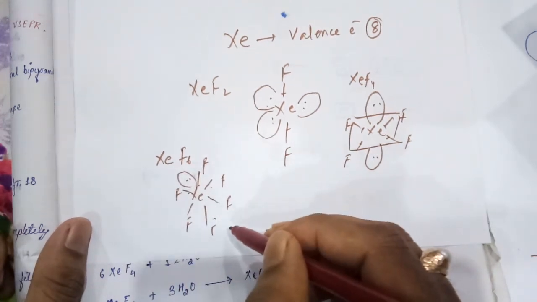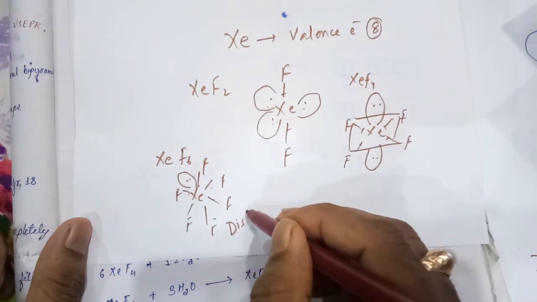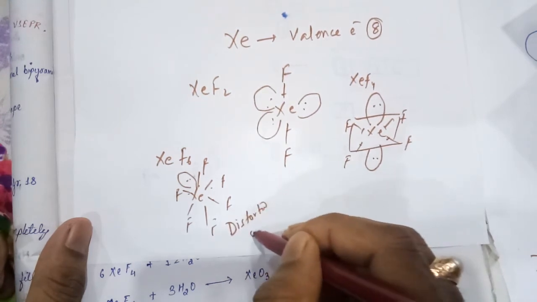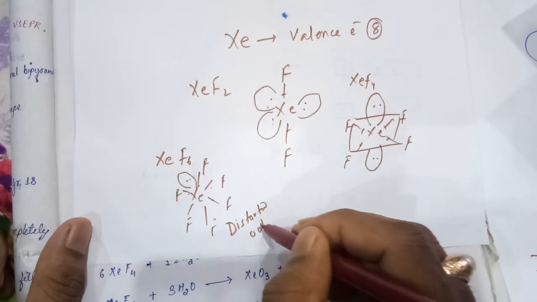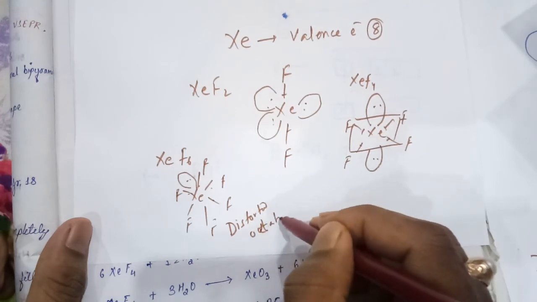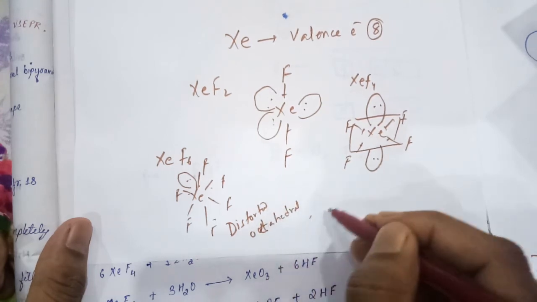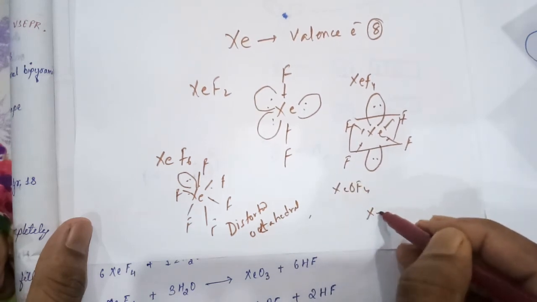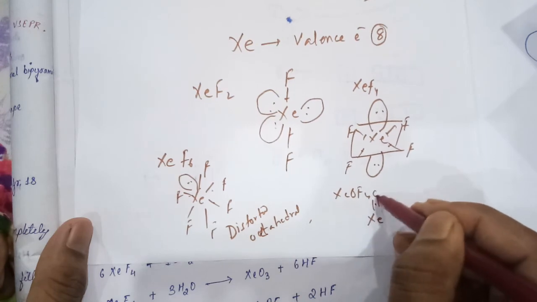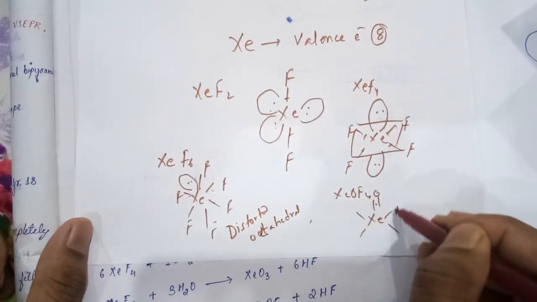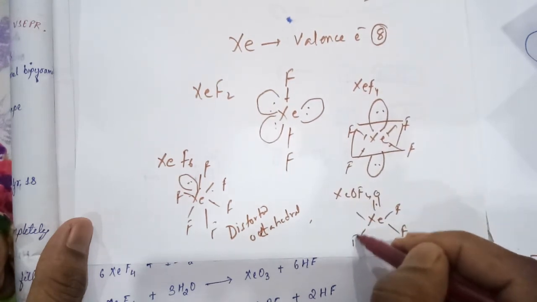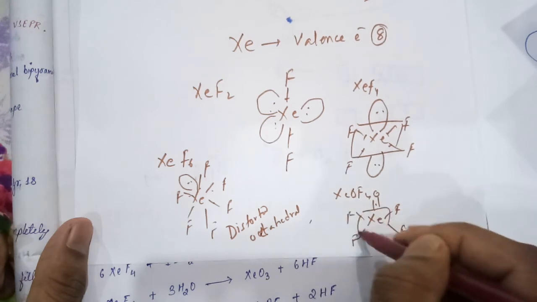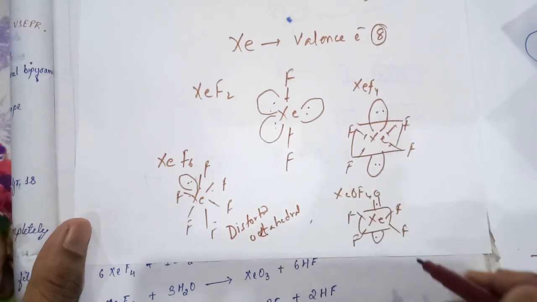So this is distorted octahedral. If you want to draw XeOF4, Xe double bonded to O, with 4 fluorine atoms like that. Still we are left with a pair of electrons, which you have to show like that.